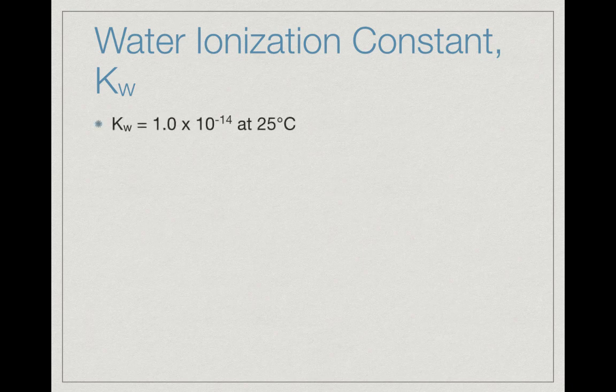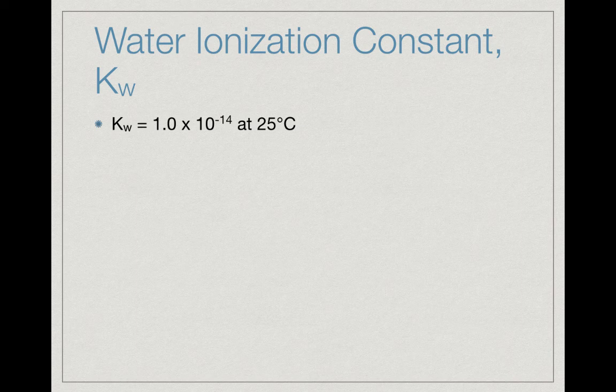So let's talk about this ionization constant, Kw, in a little bit more detail. Kw at 25 degrees Celsius has a value of 1 times 10 to the minus 14. Sometimes we may see Kw at other temperatures, and you have to make sure that you keep track of that.